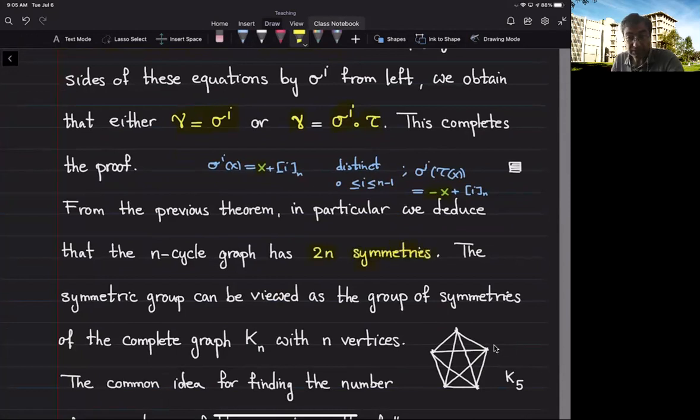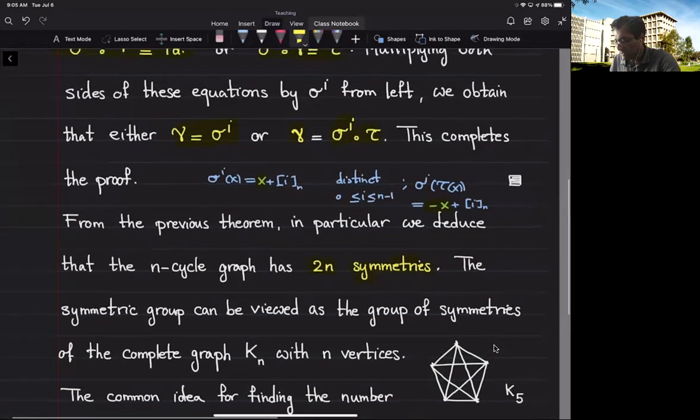And we describe all the symmetries. They are coming from rotations and reflections. And notice that these are also reflections. These are order 2 elements. What do I mean by order 2 elements?